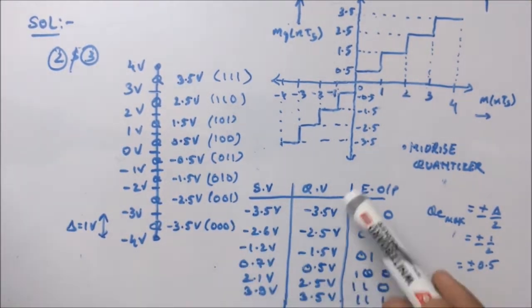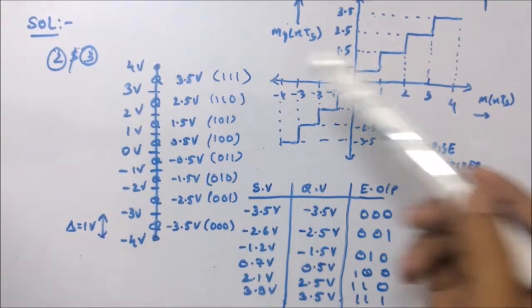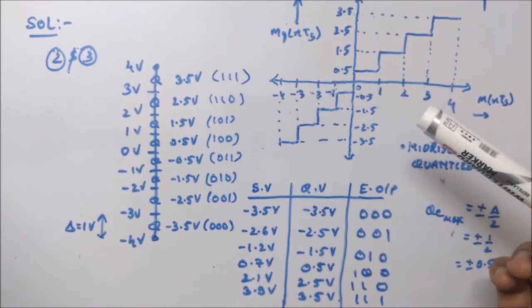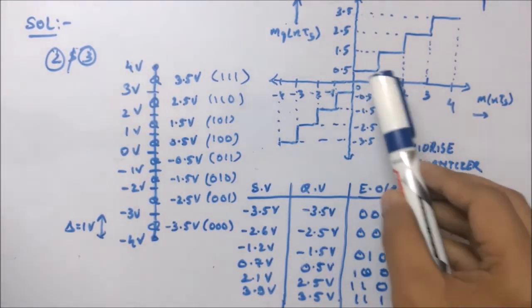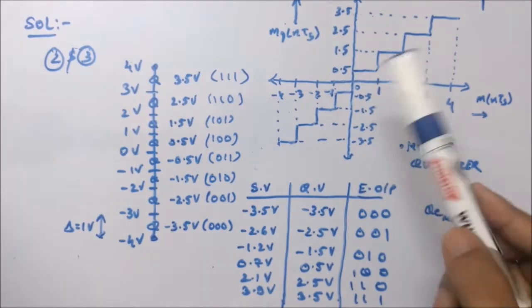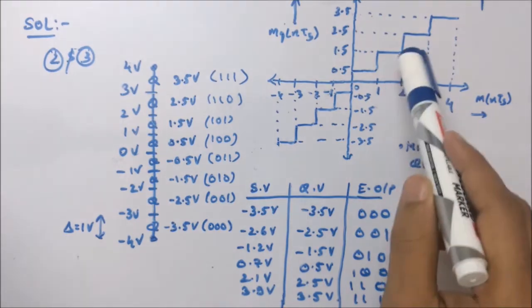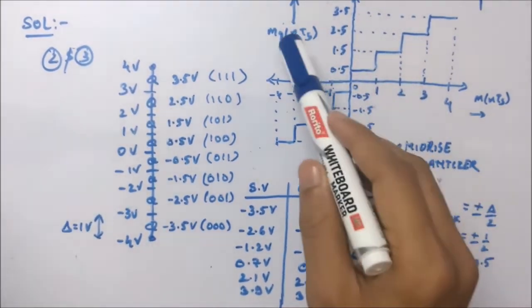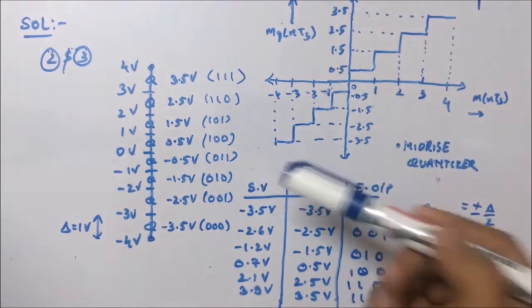Okay, so based upon this, if you plot the third part, the characteristics of quantizer, you will see for 0 to 1 range you have output of quantizer as 0.5. For 1 to 2 volts of input you have 1.5 volt quantizer output. So likewise you can plot here and in this direction as well.